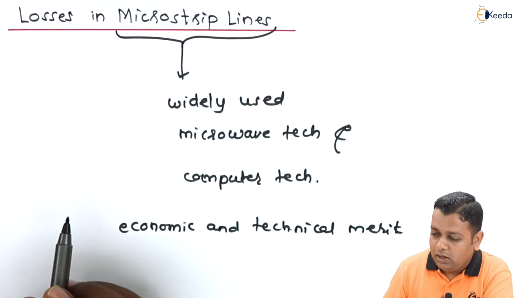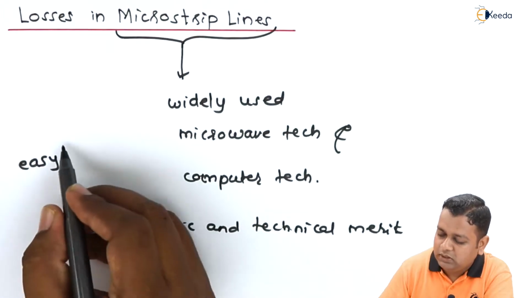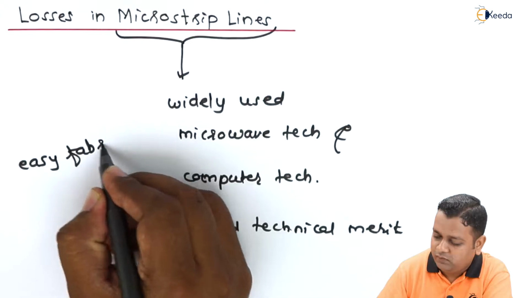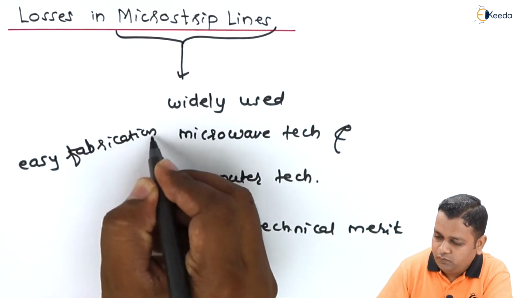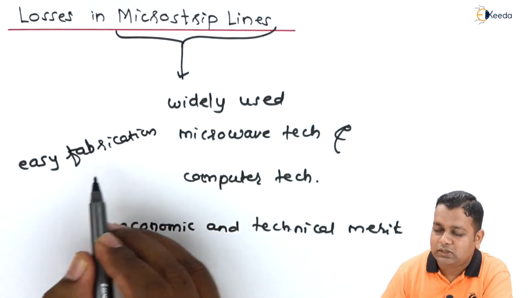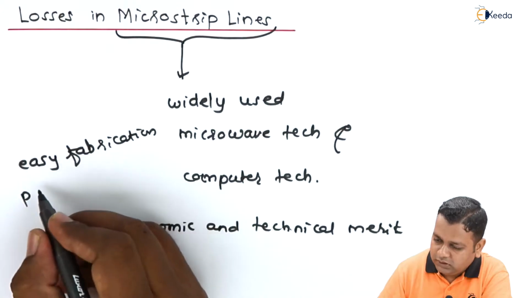The fabrication is also easy here. So I mention the advantage here, easy fabrication of the microstrip lines, and the technology that carries out this easy fabrication is printed circuit manufacturing.